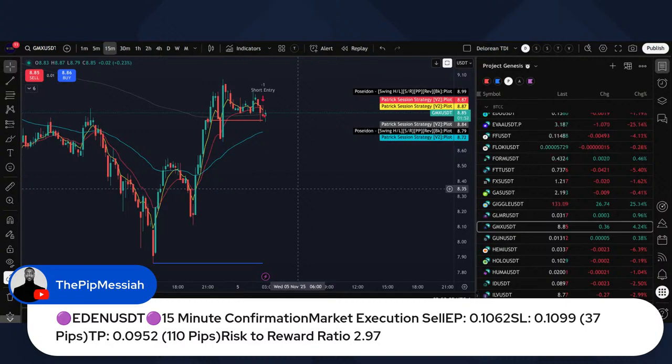And what this does is it provides you with another check of confirmation, and it gets you out of trades that appear to be correct, but then turn out to be kind of Trojan horses.